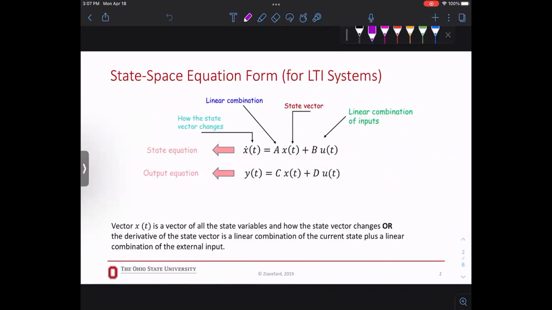I brought a review of what the state space is, to refresh your mind on going from transfer function to that. So we had two equations for state space representation. One was the state equation, the other one was our output equation. Do you remember going from a higher order differential equation, like second order, and writing state space?